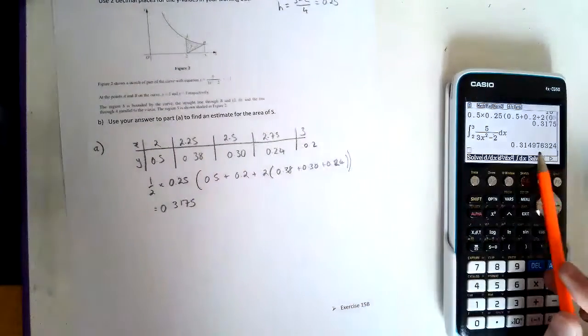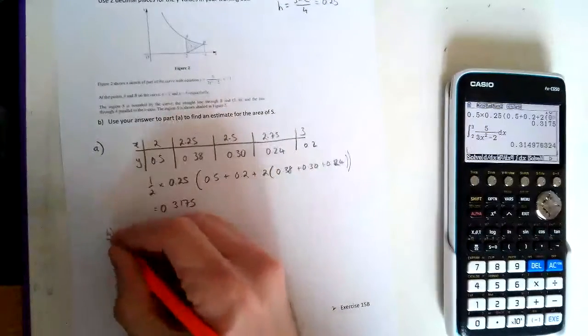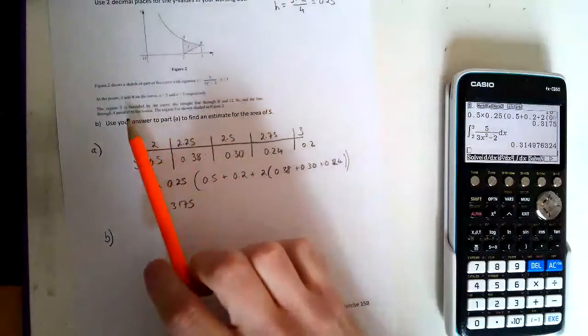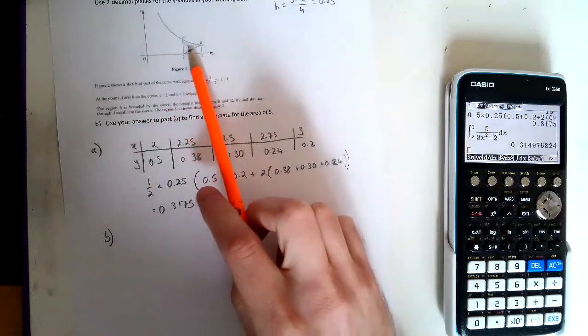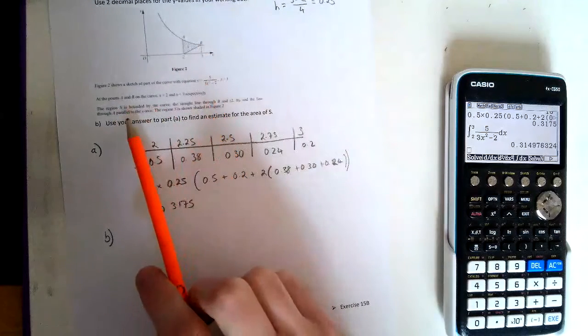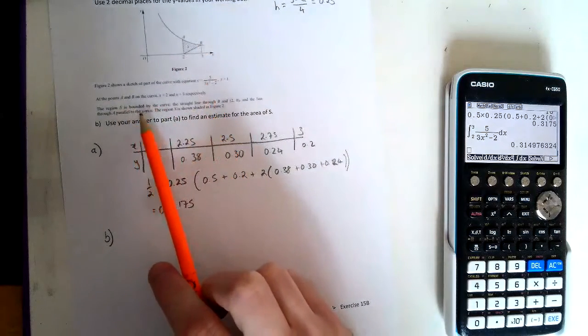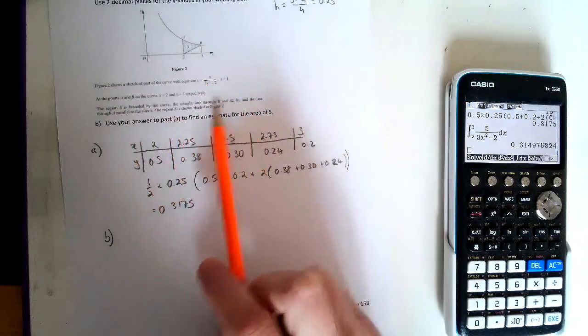So our calculator will be using trapezium with more strips. Okay, and part B, it says here we have a line drawn at B, 2 to B, and it looks like we've drawn a triangle, and the region S is bounded by the curve and a straight line through B and 2, 0.